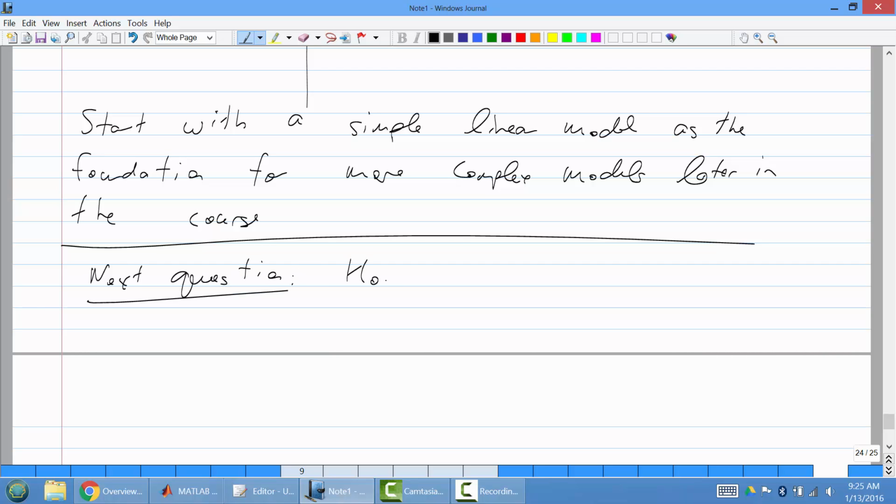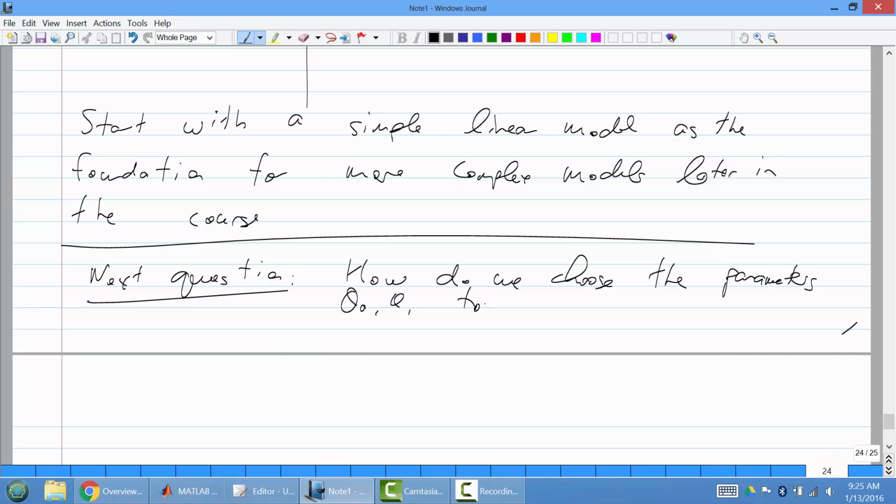How do we choose the parameters theta 0 and theta 1 to best fit the points or the data? How do I figure that out?